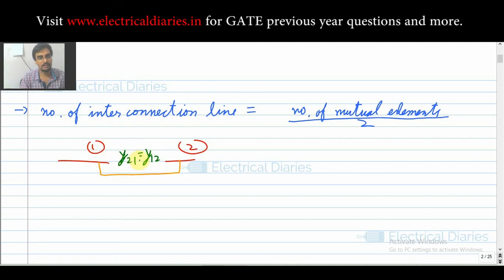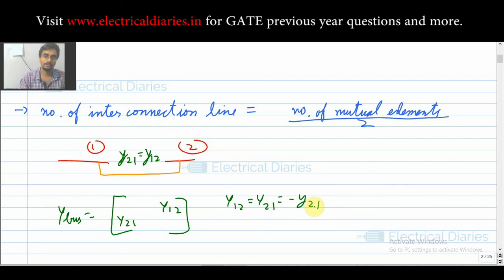They are the same thing, but the notation is different. So in the final matrix, that is your Y bus matrix, this is 2 1 and this is 1 2. Okay, and y12 is equal to y21, and it is equal to minus y21. So this is the thing.